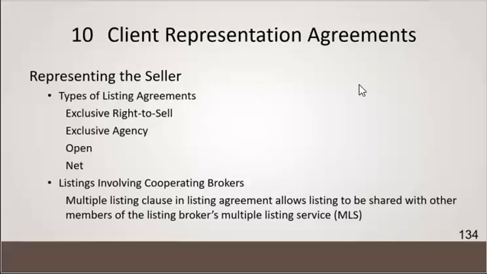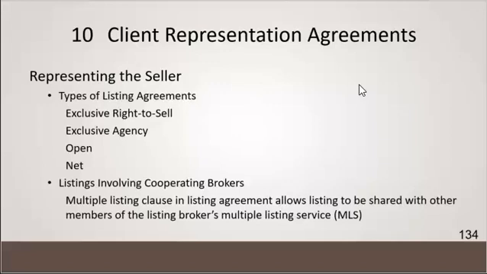Exclusive meaning I am the only agent that has the exclusive right to market this property for sale. The fact that they signed the listing form gives me procuring cause. Remember, we talked about what procuring cause is.